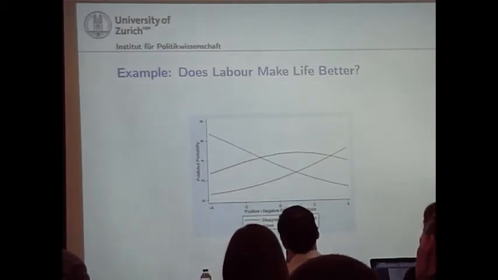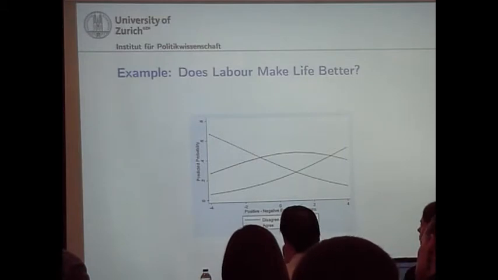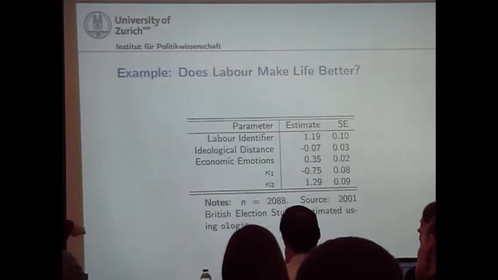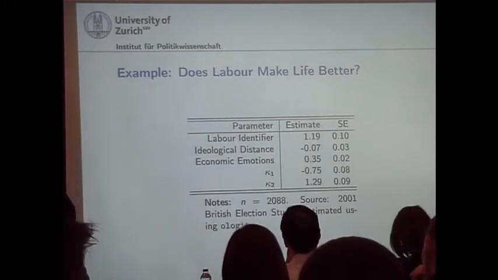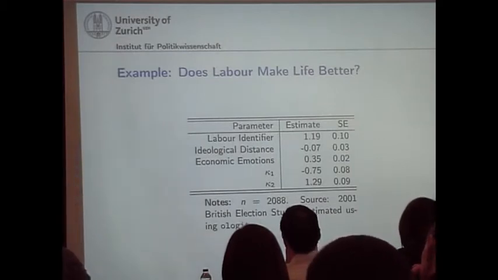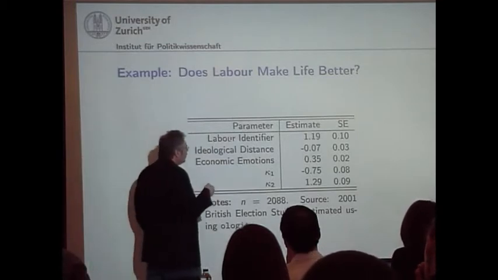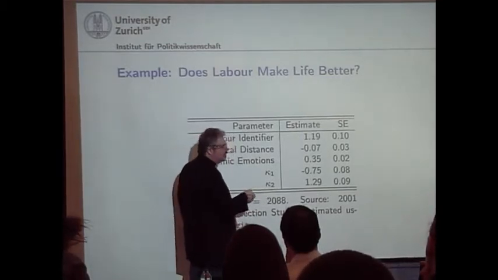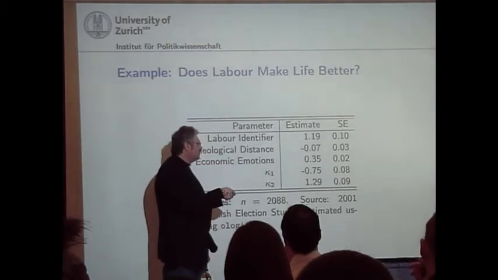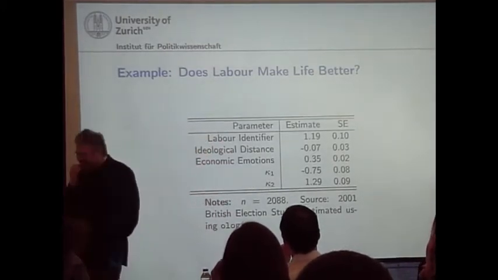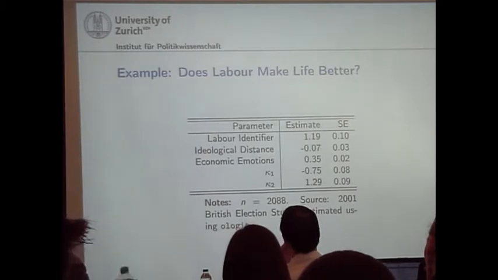So I think that's a matter of taste. But again, I think what is important is just as with logit, never just report a table of coefficients. Don't just do this and say, well, here you have it, because it doesn't say all that much. You could just broadly say labor identification increases the likelihood of agreement, ideological distance decreases, but that doesn't really tell a lot.